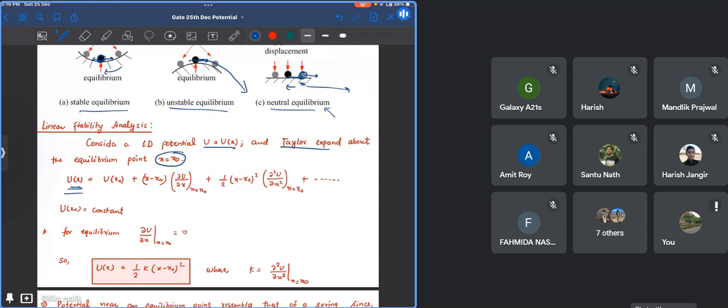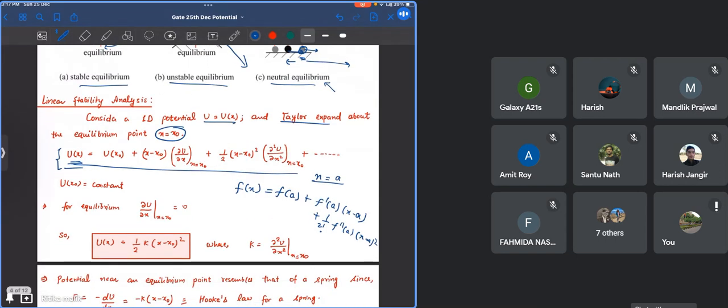I think you know that if you have a function f and you want to do its Taylor series expansion about any point x equals a, you just write f of a plus the first derivative f dash a into x minus a, and then 1 by 2 factorial, the second derivative, and x minus a square. So this is the Taylor series expansion of your potential energy with respect to the equilibrium position.